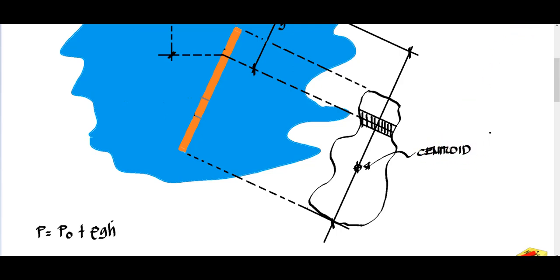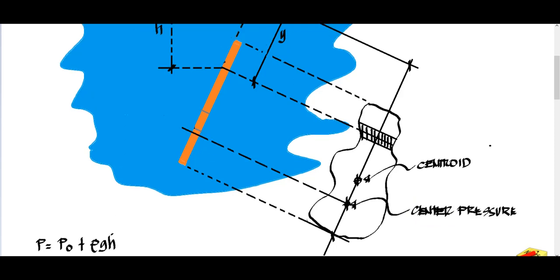Then we shall have another point here below, beneath the centroid. So this will be now the center of pressure. At the center of pressure, our resultant hydrostatic force, Fr, is acting.